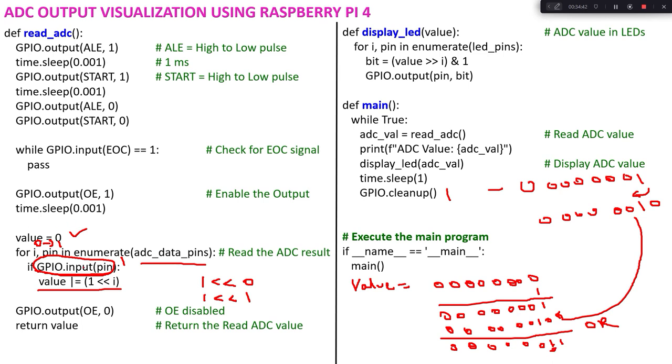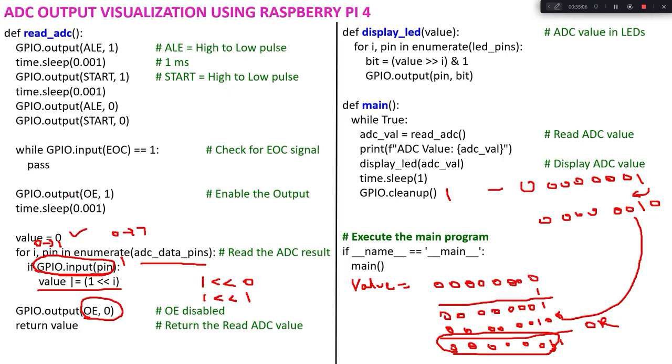Same way, third bit, fourth bit, fifth bit, like that we are going to append. After the I value changes from 0 to 7 and it completes, I will get all the 8-bit values here. Once it is done, we set the output enable line to be 0.